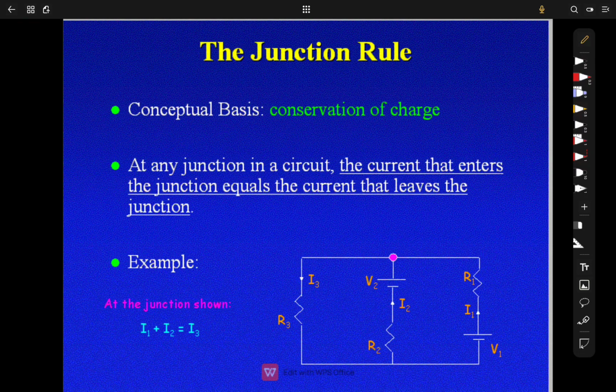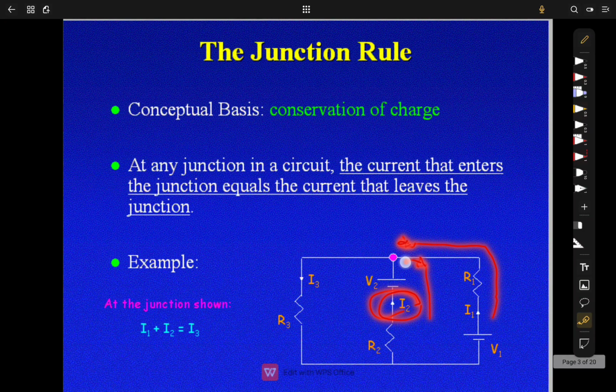So dito, pinakita that the junction rule has a conceptual basis of conservation of charge. At any junction in a circuit, the current that enters the junction equals the current that leaves the junction. So na-explain ko na nga kanina, papansinin nyo yung ating mga currents here. So we have I3 here, I2 here, and I1 here. This I2 is going this direction, then I1 natin is going this direction.